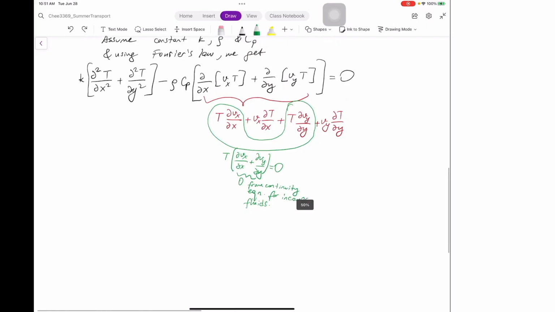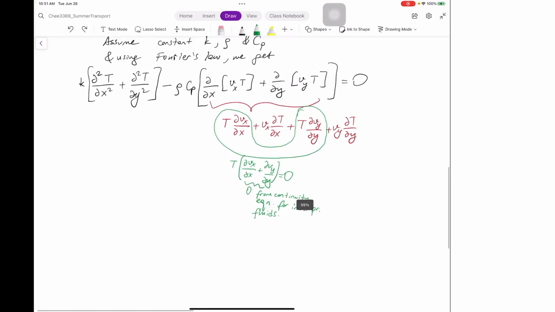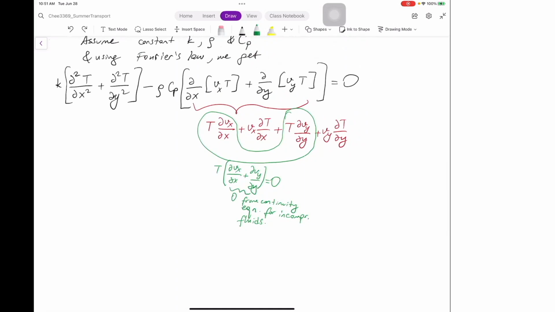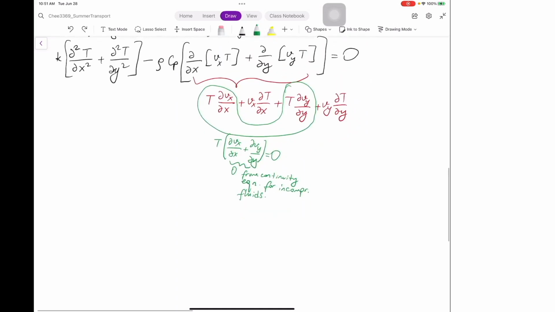Okay. So after simplifications, we get k, and let's divide everything by rho Cp as well.